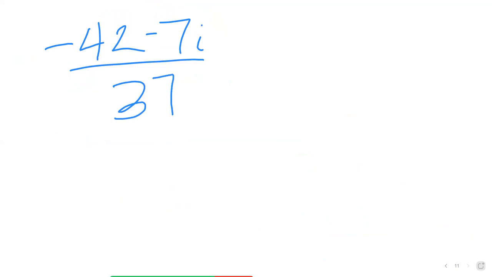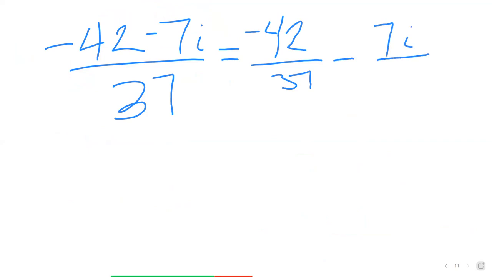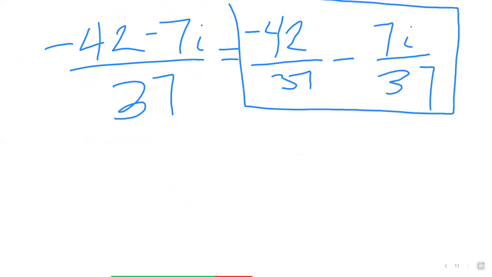Now to get these in a plus bi form, we need to separate them. Negative 42 over 37 minus 7i over 37. There's our a plus bi form there.